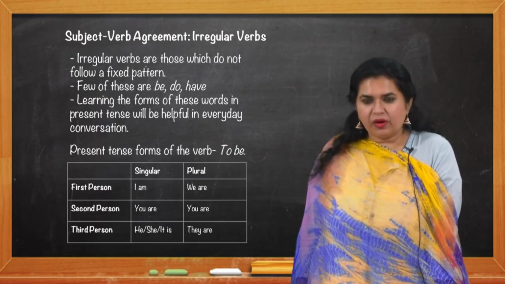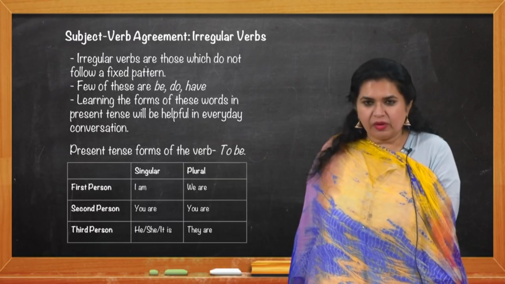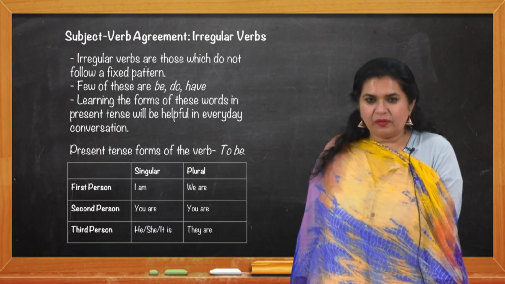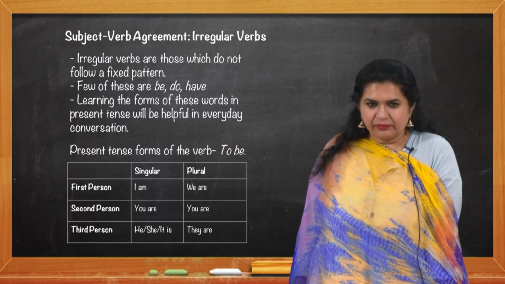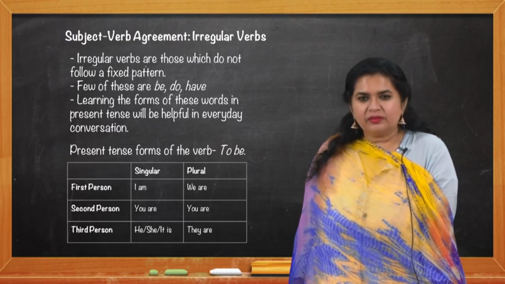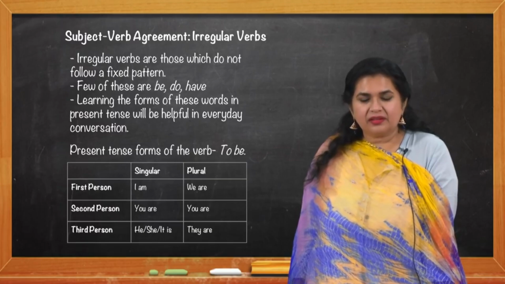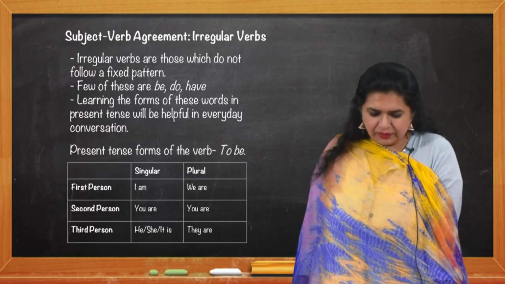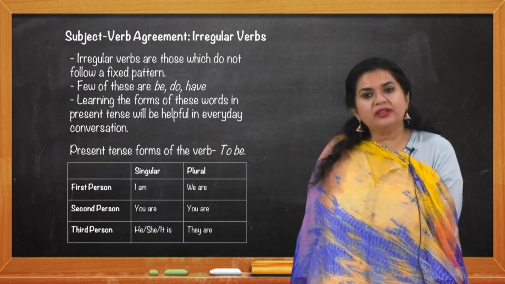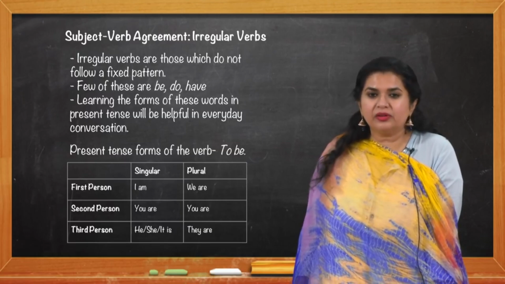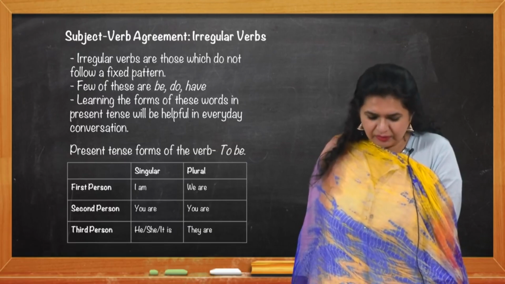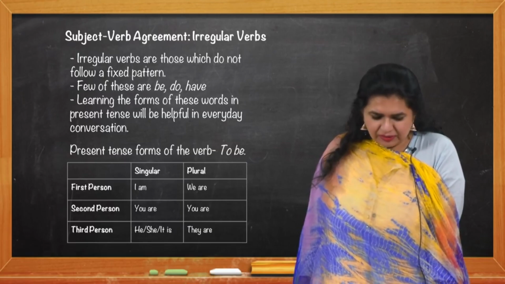Be has several forms, you should know that: am, is, are and being. Do has forms like did and does, and have has has and had. So, learning the forms of these words in present tense will be helpful in everyday communication.